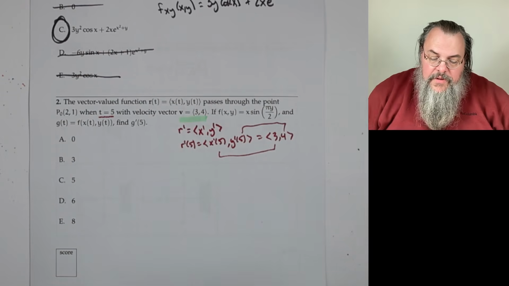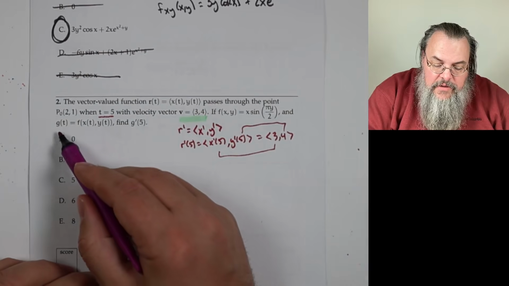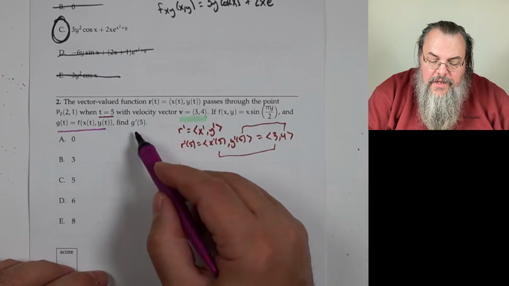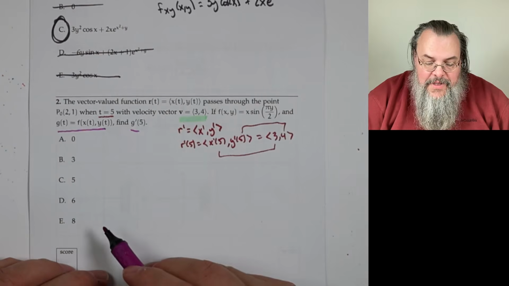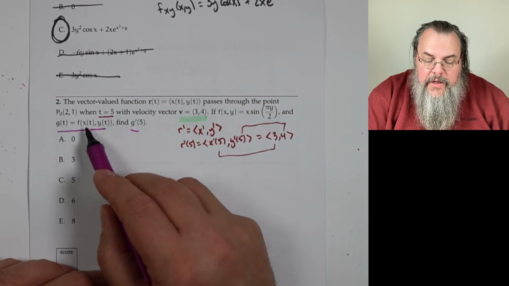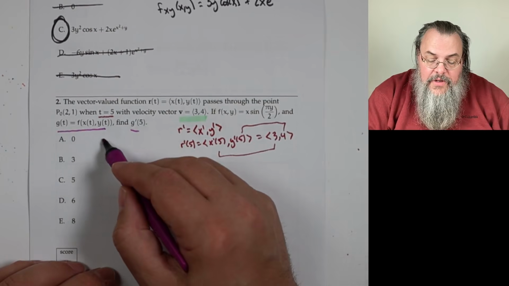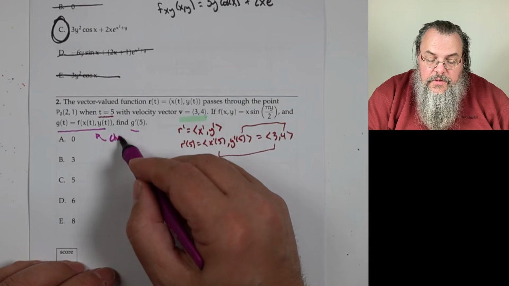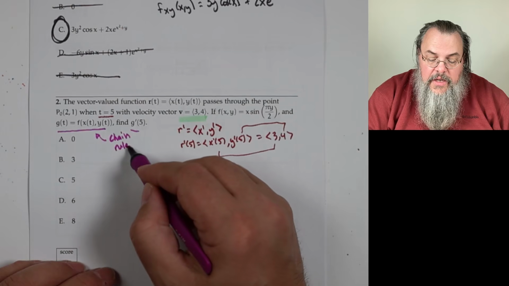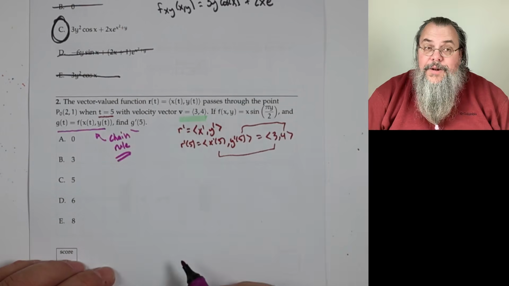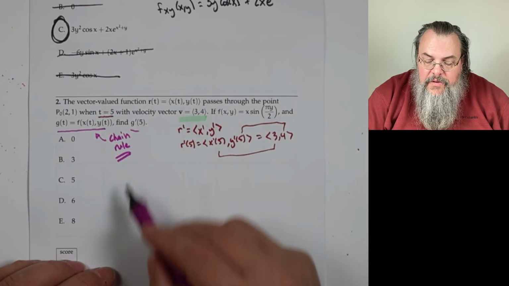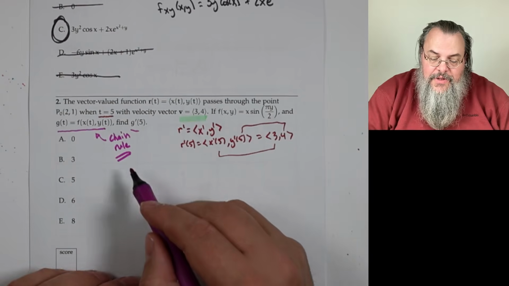Well, we have this g of t is f of x of t, y of t, and we're after g prime of 5. So notice that x and y are functions inside of f. So this looks like a chain rule. So I say, okay, great. Well, let's do that. And this is our most basic chain rule, right?